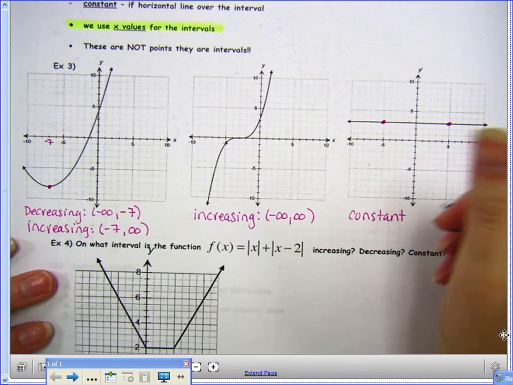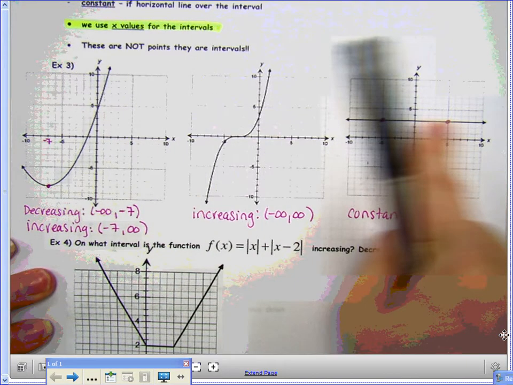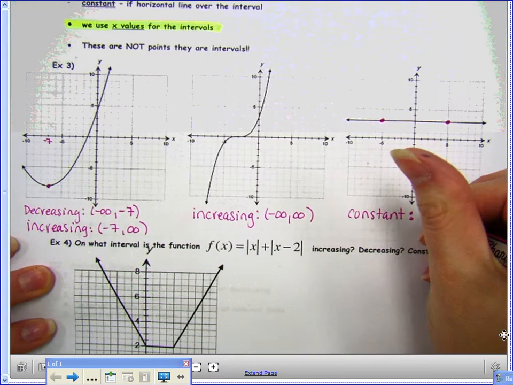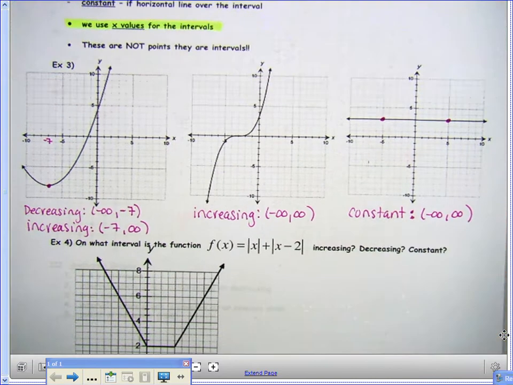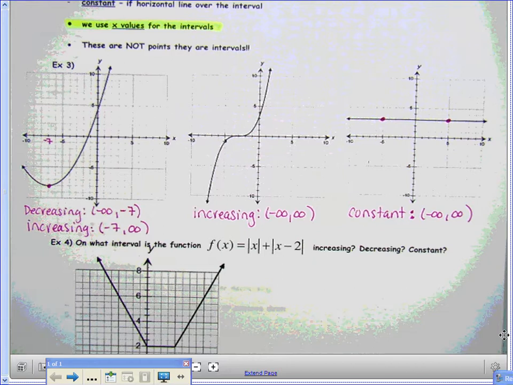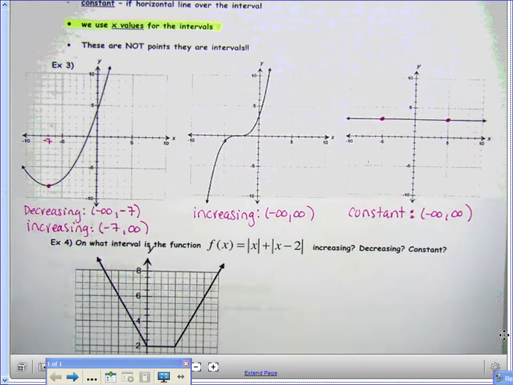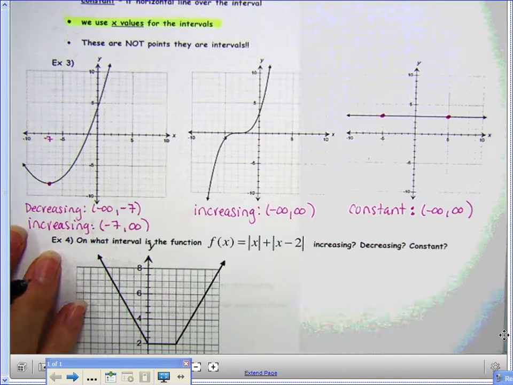However, in this case, since we have those arrows on the ends of our graph, it is constant from negative infinity to infinity, and of course we don't use brackets around infinity. However, if it was from -5 to 5, I would do bracket, -5 to 5 bracket, and then say it was constant. Questions on those three?